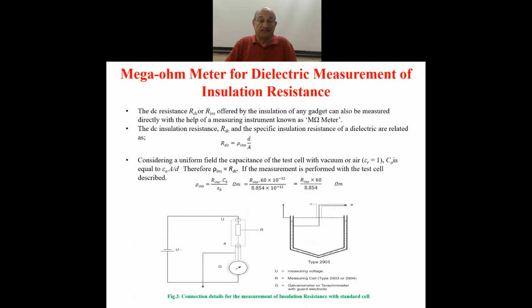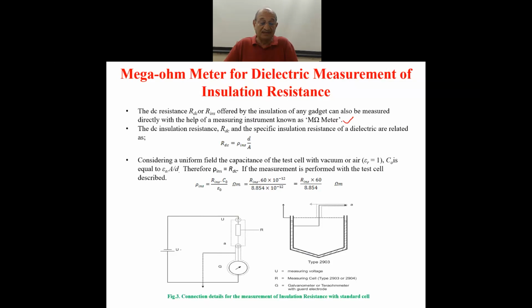One can also measure the insulation resistance directly by an instrument known as a mega ohm meter, as you can see here. So this instrument also we have in our lab. You can imagine the insulation resistance is actually caused by the DC resistance of the insulating material.